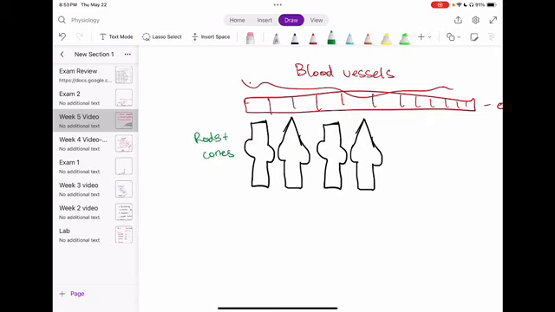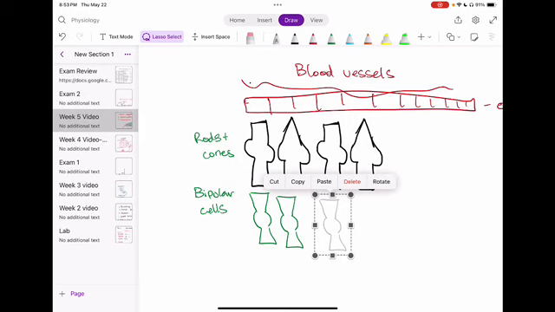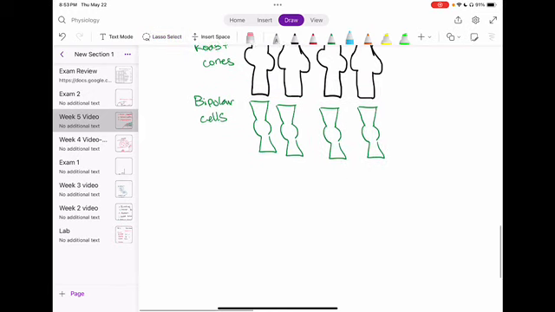Next we have this layer right here, and these are the bipolar cells. They're kind of in between. And then lastly here, we have the ganglion cells.